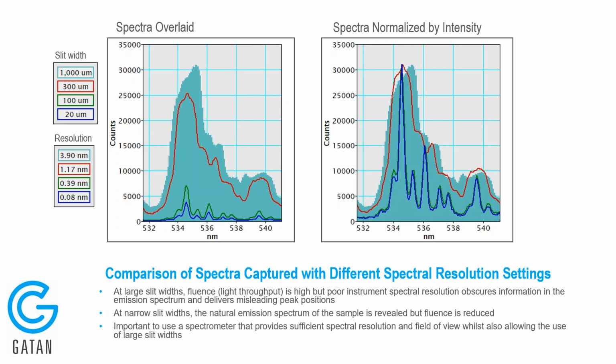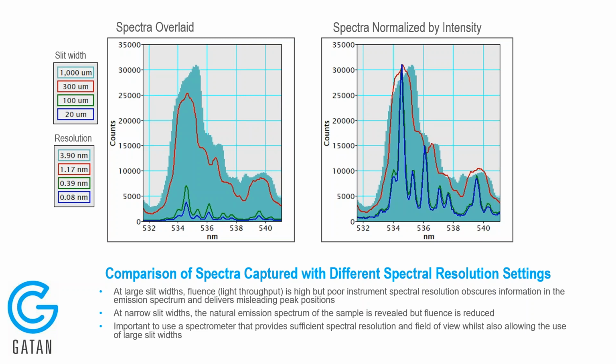The other series of spectra on the left-hand side show you that as we narrow the slit width, we actually have a significant reduction in the intensity in our spectrum. And this is important.